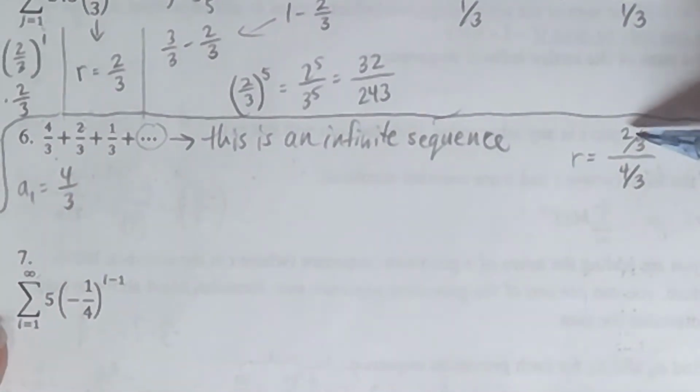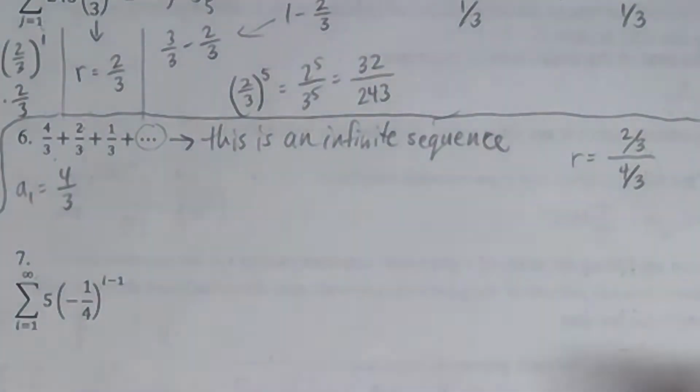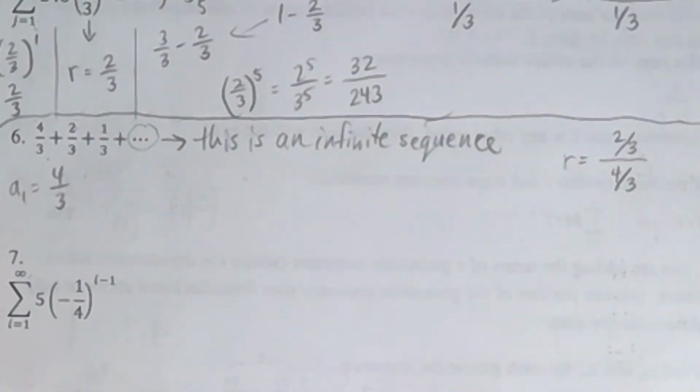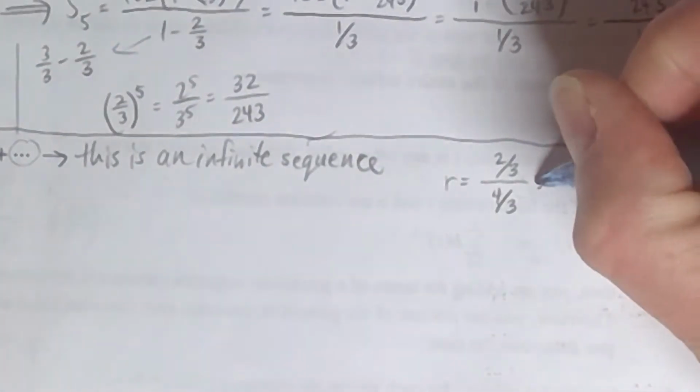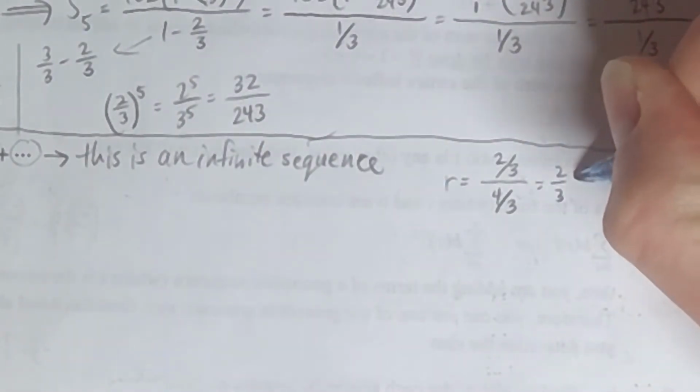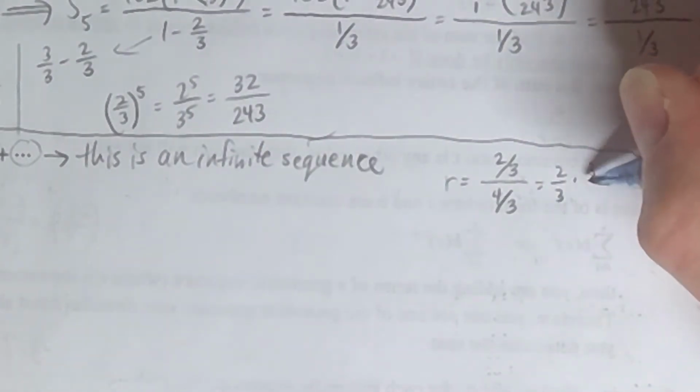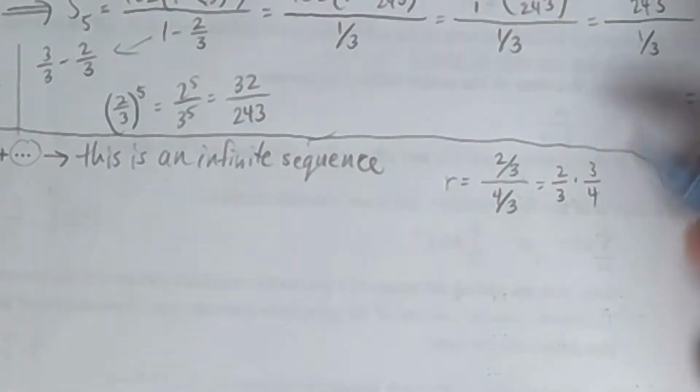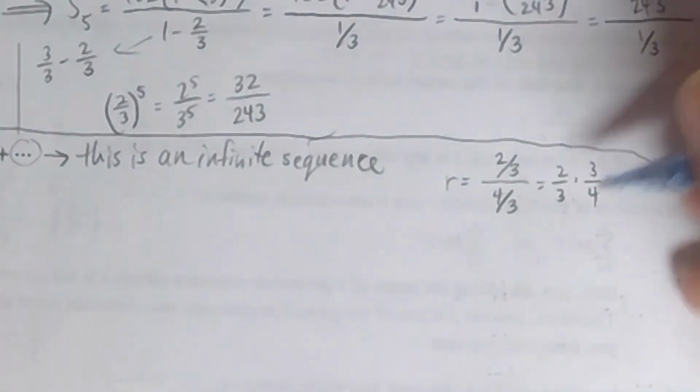Remember, you can do that anytime you have a term in a sequence. This is assuming it's a geometric sequence: if you divide it by the term that's immediately before it, that will always figure out what r is equal to automatically. So, as you guys know, when we divide fractions, we can, and we should, flip the second one and then multiply.